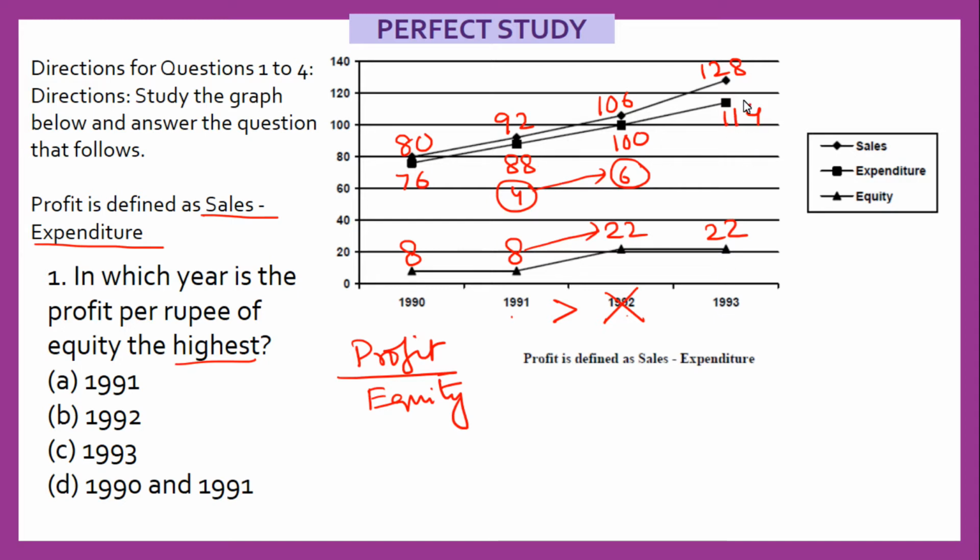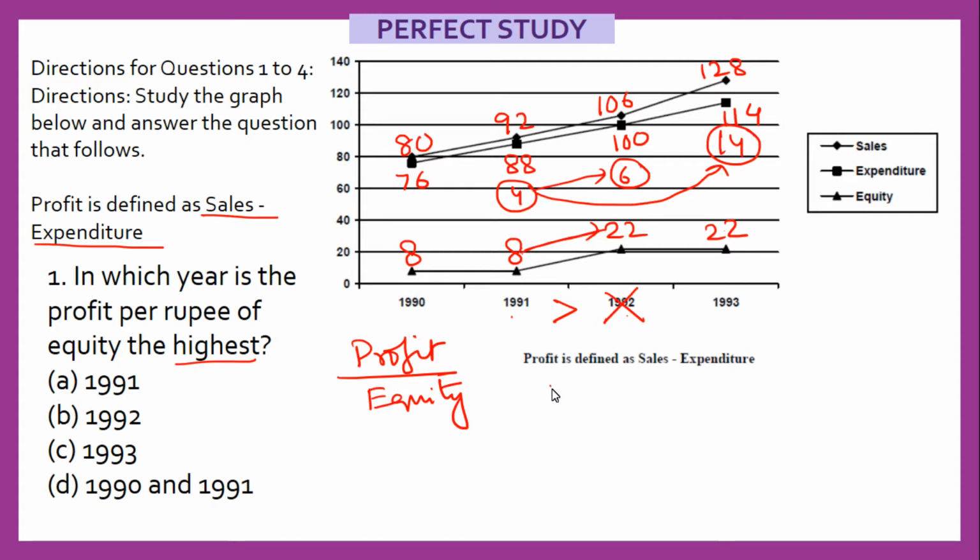So for 93 my profit is 14 and here this equity value remains same, 22. Now here there is a very close call and you have to pay attention carefully. 4 is becoming more than triple. I mean 3 times 4 is 12. It is becoming more than 3 times, and 8 is increasing. This is 22, 22, so I am comparing with this value only. 8 is becoming less than 3 times.